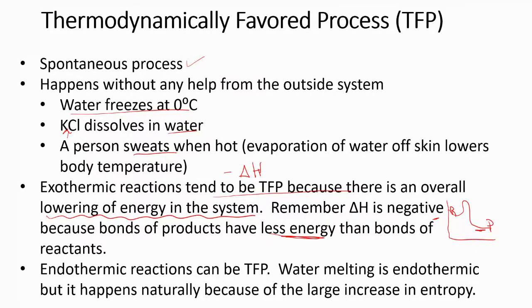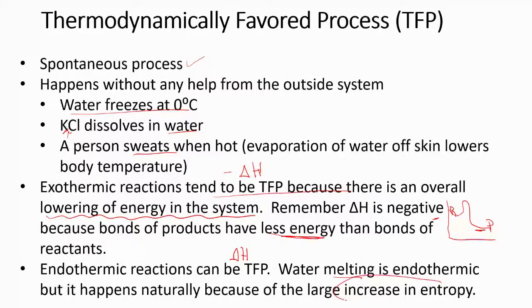Endothermic reactions can be thermodynamically favorable. Melting of water, meaning going from a solid to a liquid, is endothermic, but that does happen naturally. All right, so it is thermodynamically favorable. So in this case, even though delta H is a positive value, it still occurs. Why?